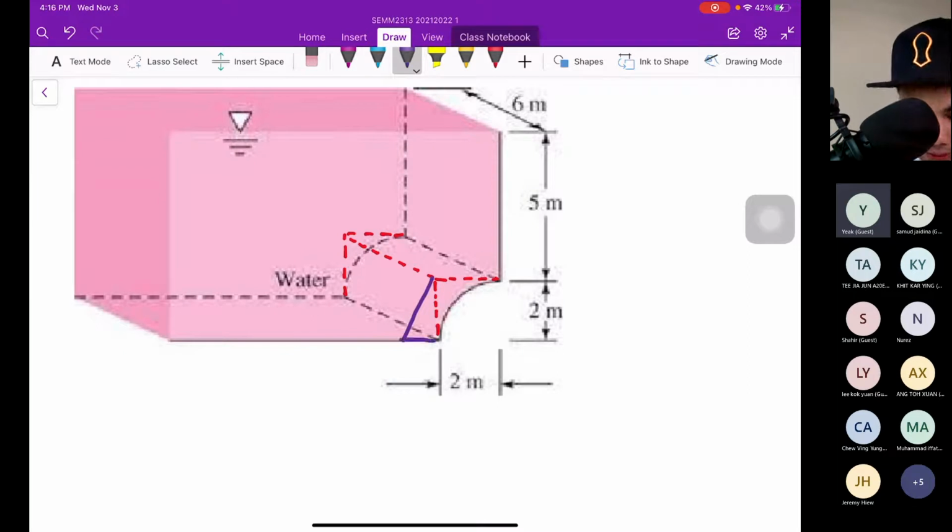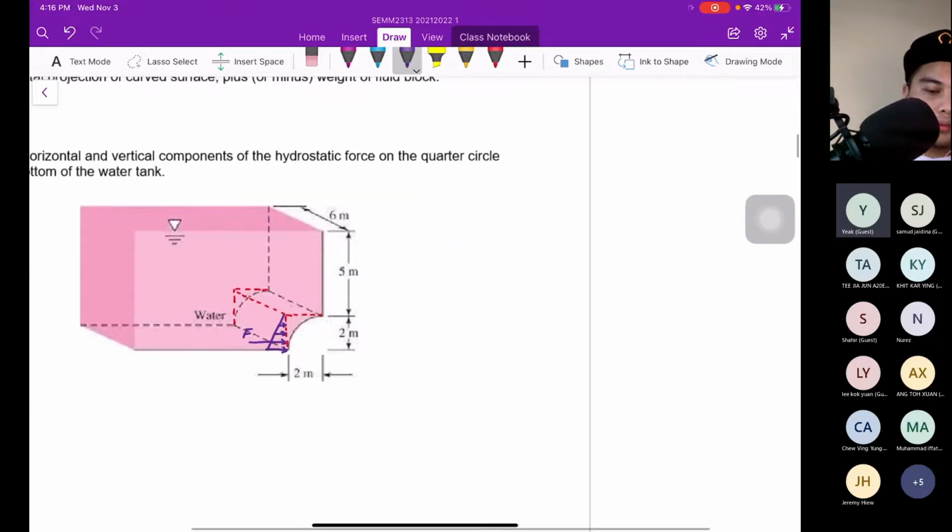This is the force distribution, which means we have the resultant force F, which we can call Fr. How do we calculate F?